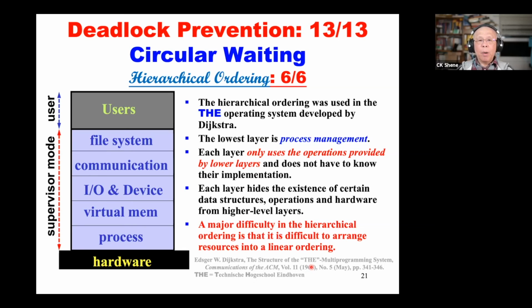Or is it possible that you could break circular waiting? This is deadlock prevention. The next lecture, we're going to talk about deadlock avoidance. It's not so strict. We allow the system to temporarily get into a possible deadlock, and then we pull the system back into a safe state.